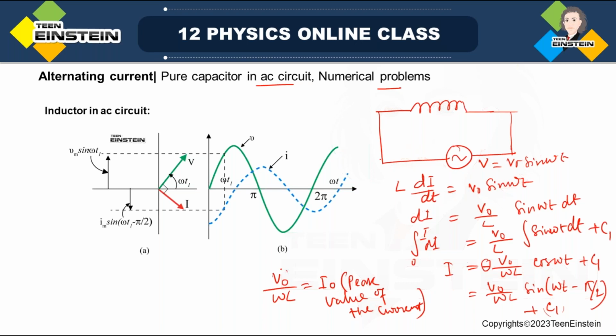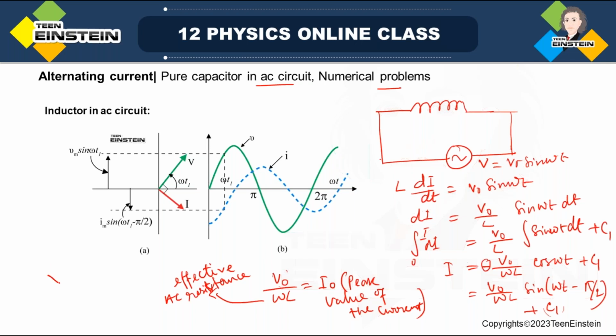So if this is current, and this is actually voltage, then obviously this is the effective AC resistance in an inductor. So omega L has the dimension of resistance.